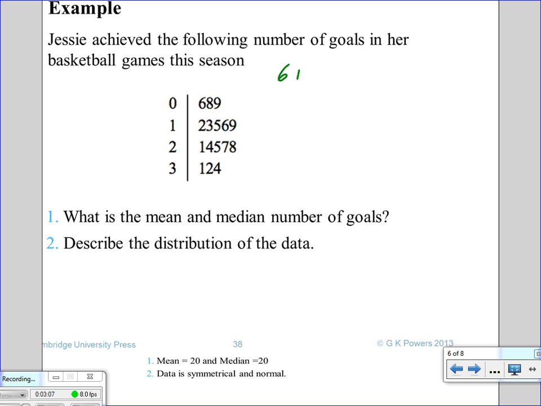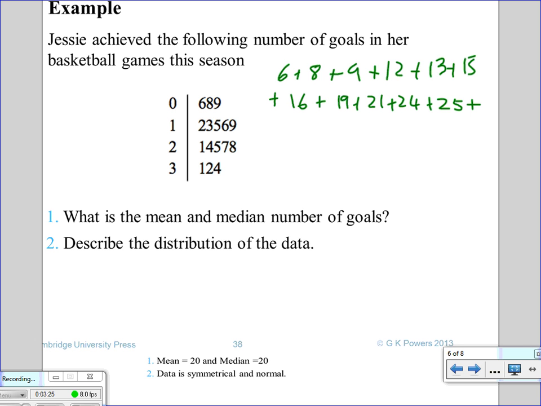So, 6 plus 8 plus 9 plus 12 plus 13 plus 15 plus 16 plus 19 plus 21 plus 24 plus 25 plus 27 plus 28 plus 31 plus 32 plus 34.